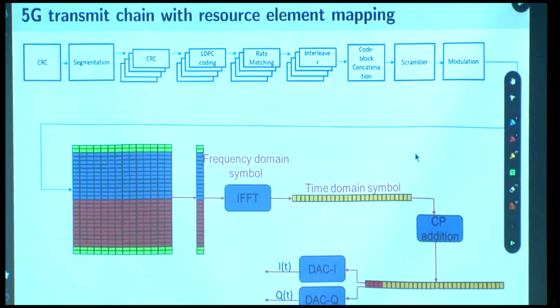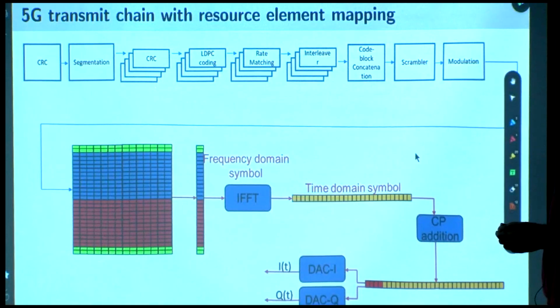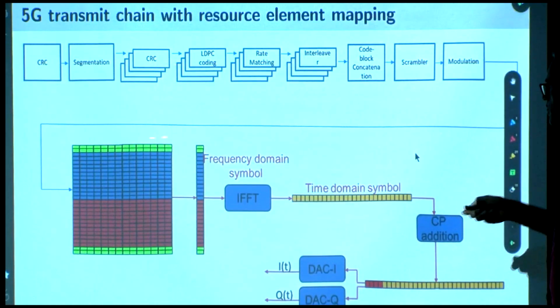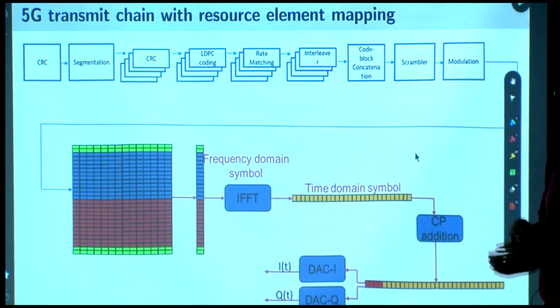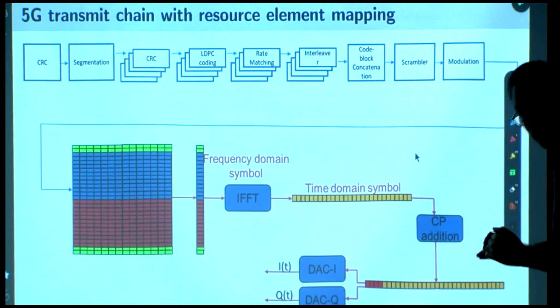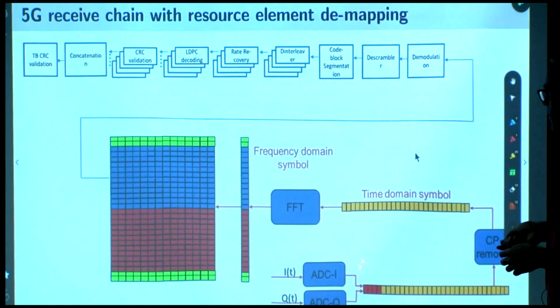Again, we are back to what we understand very well till now, okay. We understand this part of it, RF also. This is the baseband chain, right. So the transport block gets mapped onto a two-dimensional grid finally, then it gets converted to the time domain, gets up converted at the transmitter side, down converted, then gets sampled.